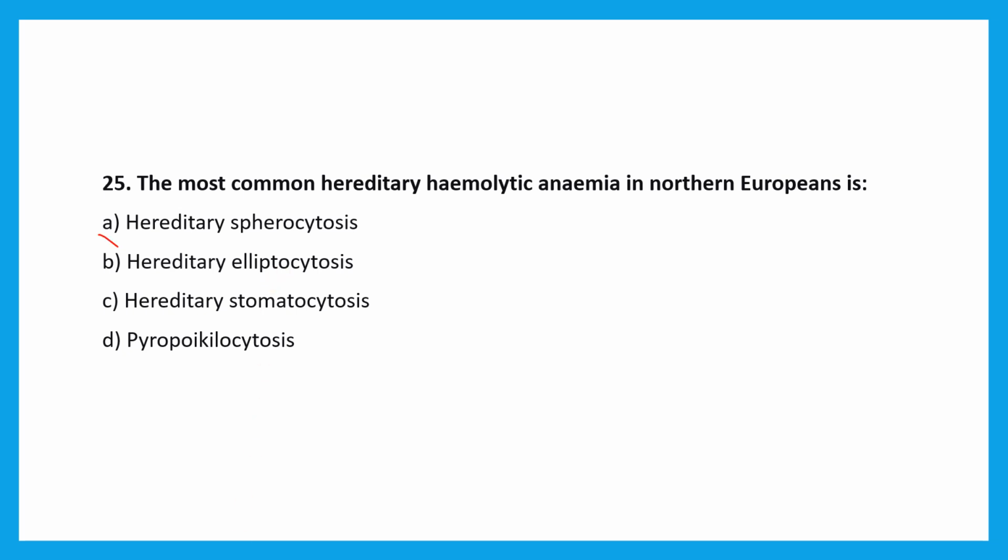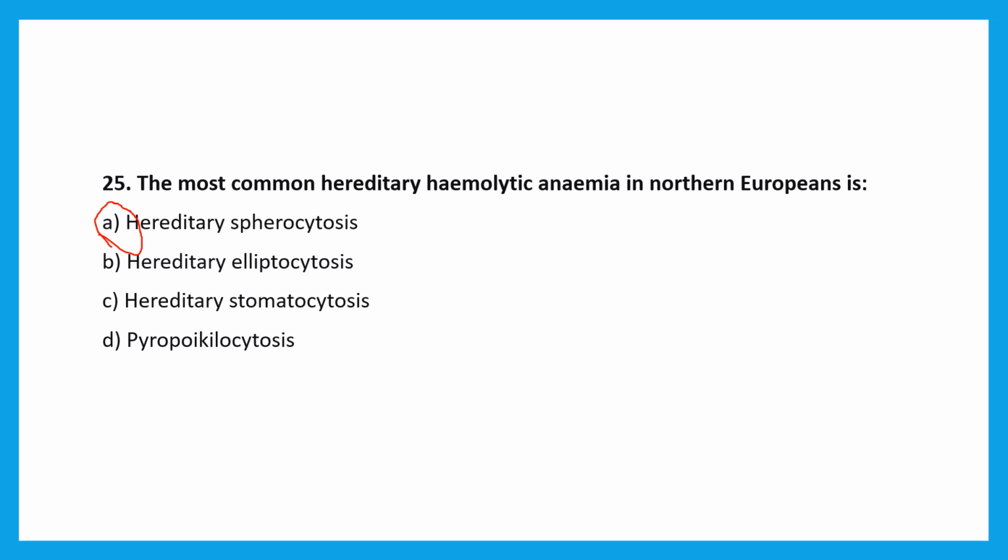Okay, this is straightforward. There's no mechanism. This is the prevalence. Hereditary spherocytosis is the most prevalent inherited red cell membrane disorder in Northern Europeans, or people of Northern European descent.